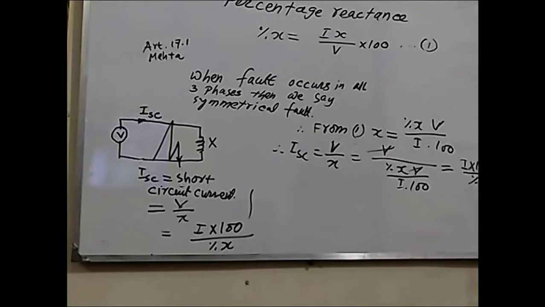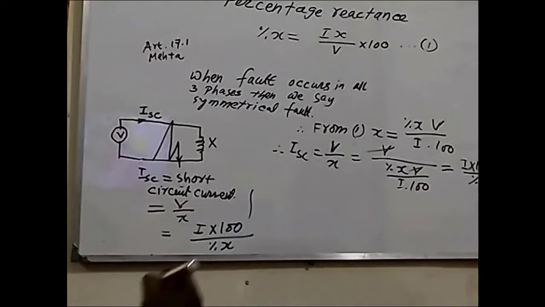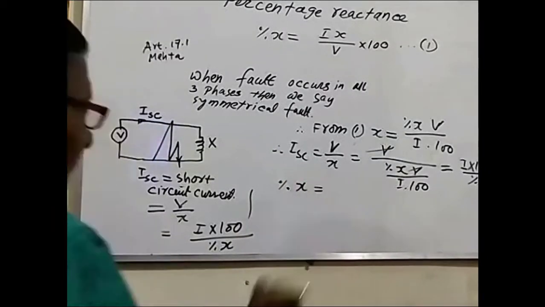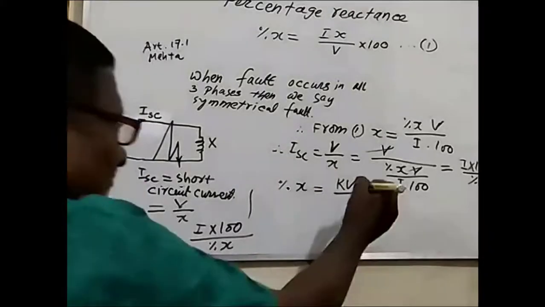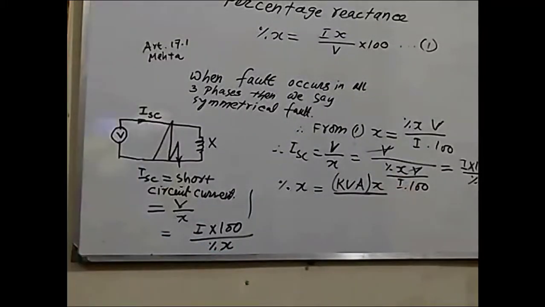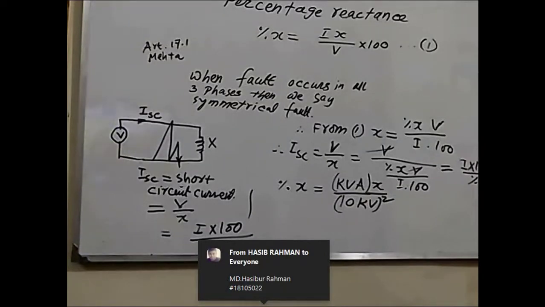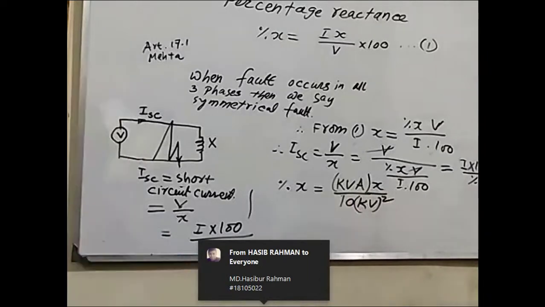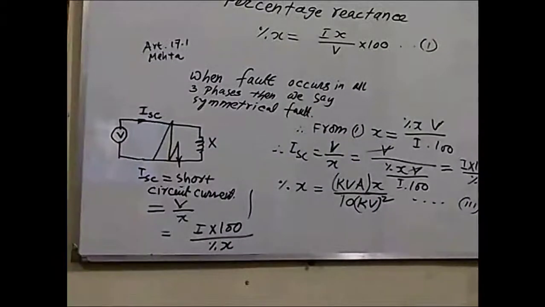Now the third equation is, you see, another important equation: percentage reactance equal to kVA into X divided by 10 kV squared.